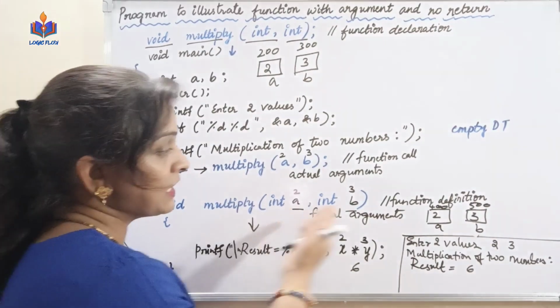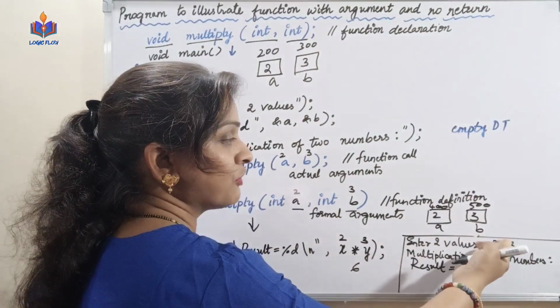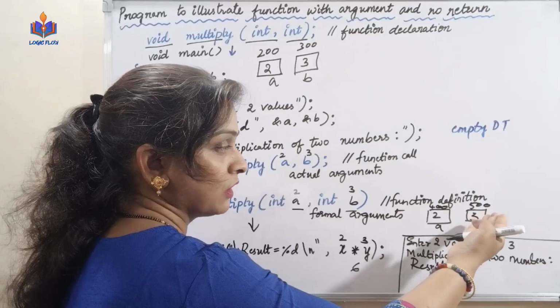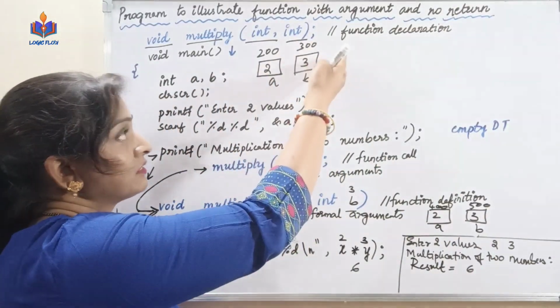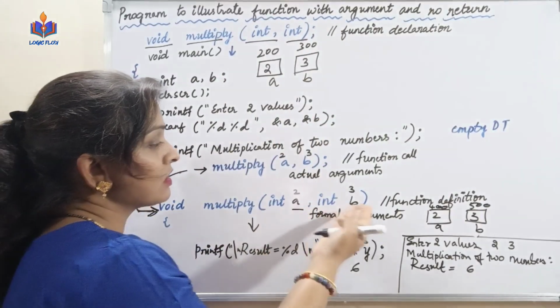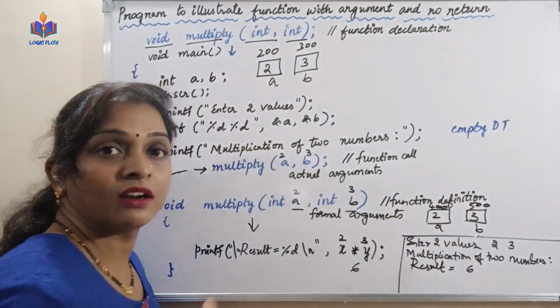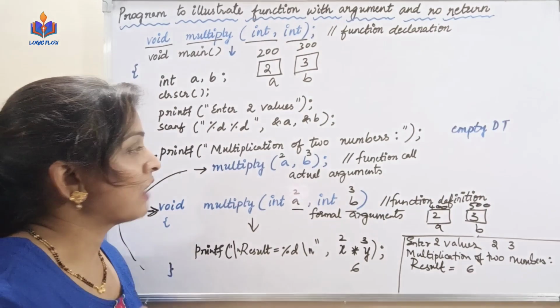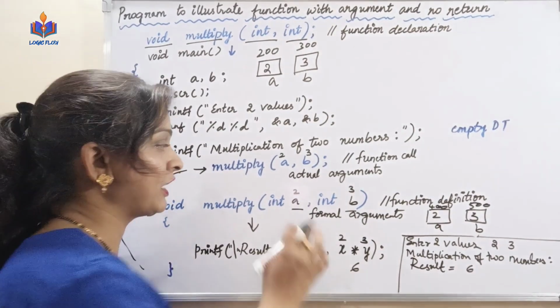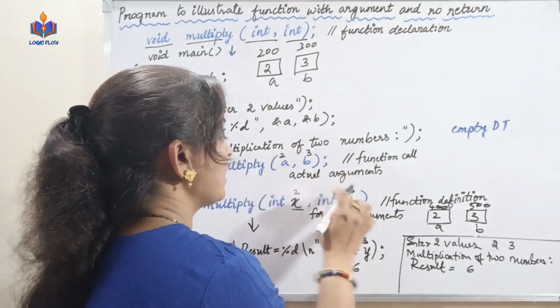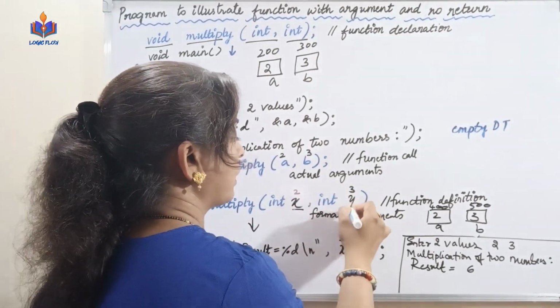Okay. If I say AB, again AB is created freshly with different memory. So if I say AB here, it is in 200 and 300. If I say AB here, it is 400 and 500. But having the same variable name sometimes leads to some confusion. It's better to have different variable names.